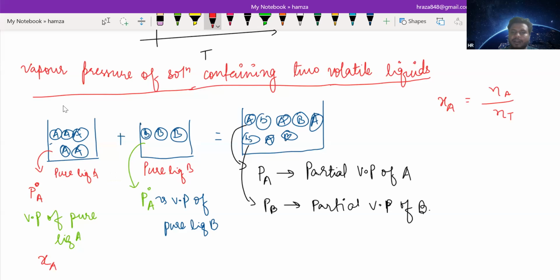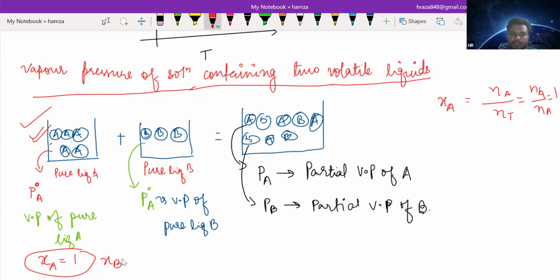So you know that in this container, the number of moles of A is just say Na, and the total number of moles is basically only A present. So the ratio has a value 1. Whenever a substance is pure in a container, it has a mole fraction of 1. And the mole fraction of B is 0 here because no B is present.